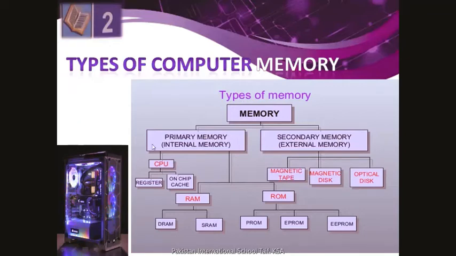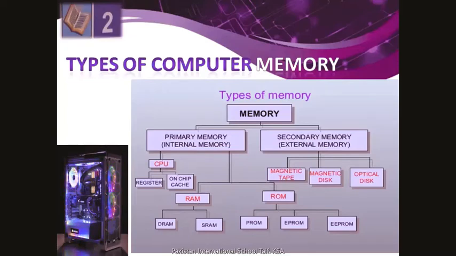Primary memory can be classified into CPU register and CPU on-chip cache. And here we have RAM and ROM also. RAM can be classified into DRAM and SRAM. RAM stands for random access memory. This is a type of primary memory and the main memory, and it is divided into DRAM and SRAM.